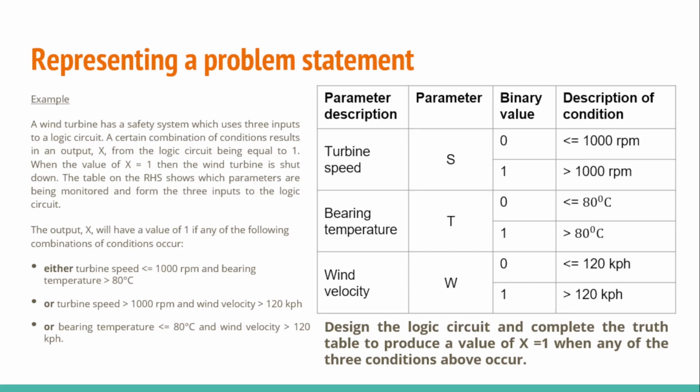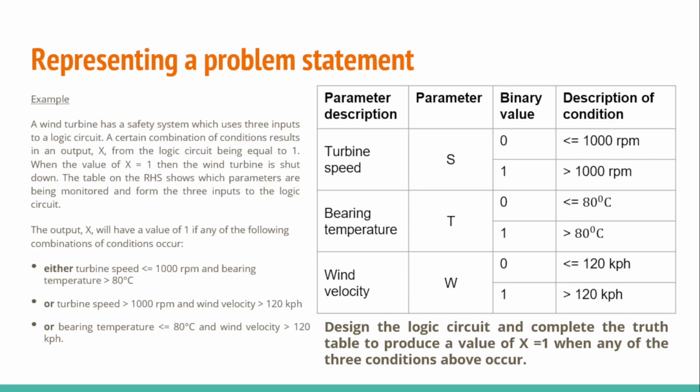The turbine, which is associated to the parameter S, is 0 when the turbine speed is 0, when it is less than or equal to 1000 rpm, and it is 1 when it is greater than 1000 rpm.